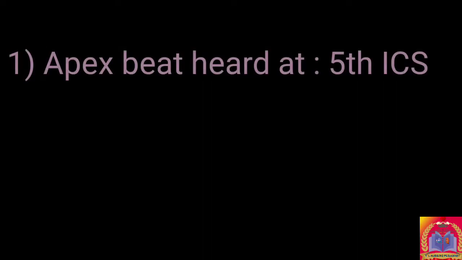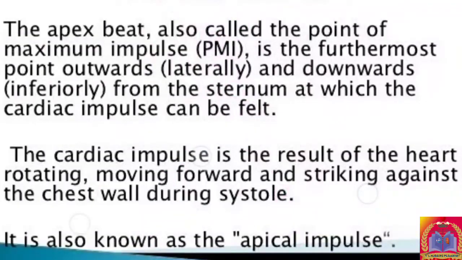So friends, what do you mean by apex beat? Apex beat is best described as the point of maximum impulse, which is the furthermost point outwards and downwards from the sternum at which the cardiac impulse can be felt.